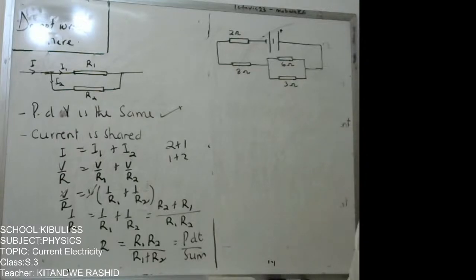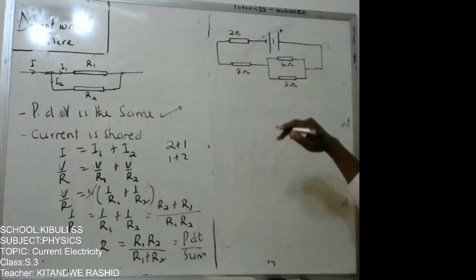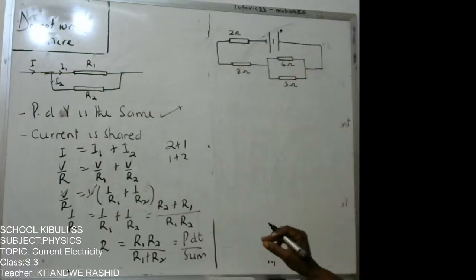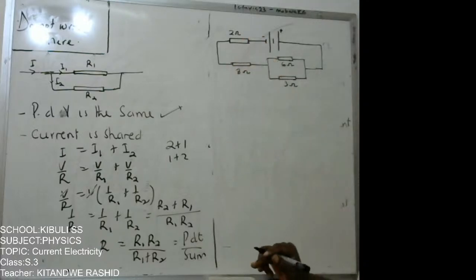Now, our interest first of all is to get the effective resistance. So what we will do, we'll deal with the parallel arrangement first. Because there are 2 resistors, we'll use product over sum. Then the series, we just add them on.